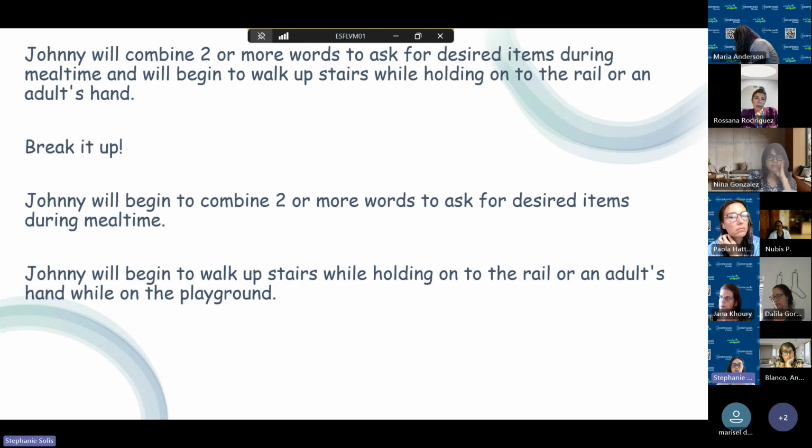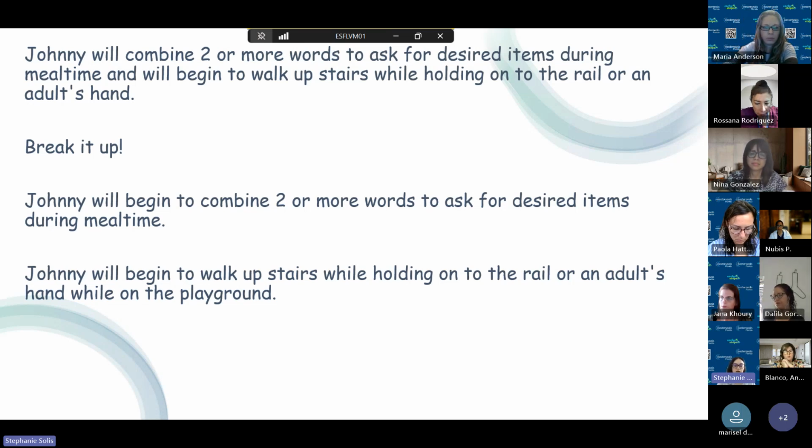That one is just focusing on communication. The second outcome: Johnny will begin to walk upstairs while holding onto the rail or an adult's hand while on the playground. Now that one is just a motor outcome. We make sure those disciplines are separated, because again, how are we going to measure that progress if we're combining those different disciplines?